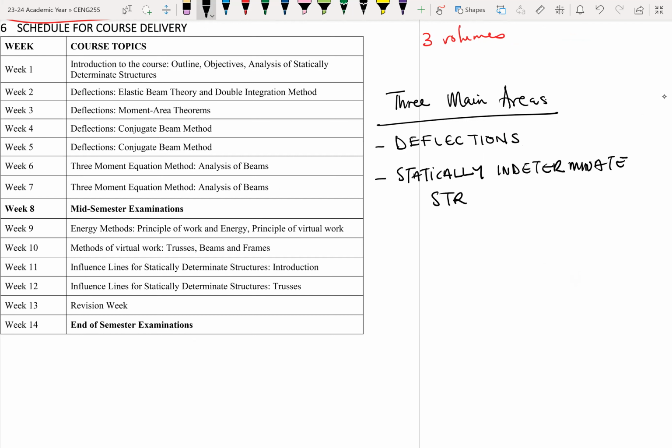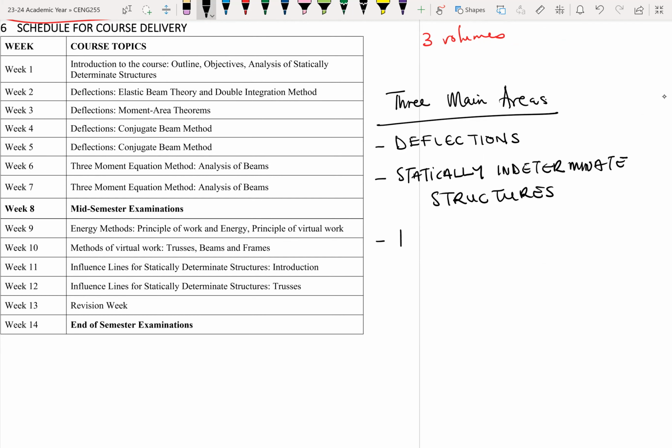So this analysis will basically be how to find reactions, how to find your shear force and your bending moment and all of that, and you draw your diagrams with it. All right. So that's the statically indeterminate structures.